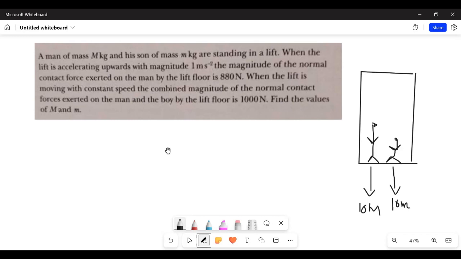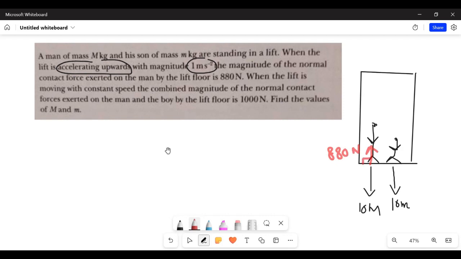When the lift is accelerating upwards with a magnitude of 1 meter per second squared, the magnitude of normal contact force exerted on the man by the lift floor is 880 newtons. So on the man, the normal contact force is 880 newtons in this direction.